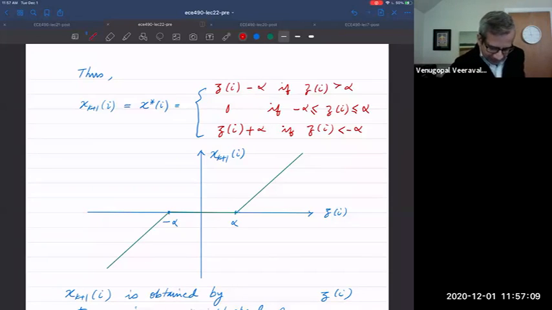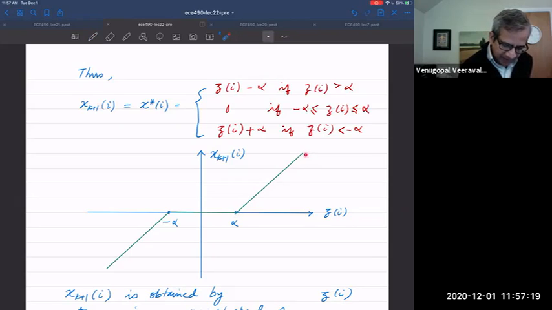If you plot this, it looks like this. So for all z bigger than alpha, basically you start at 0 and then you increase linearly at a 45-degree angle. Same thing below minus alpha, you start at 0 and then decrease at a 45-degree angle. But in between, you've zeroed out z completely.